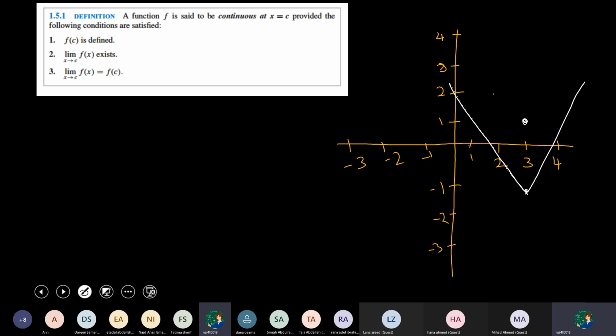The first step, I have to find f of 3. What is the value of f of 3? 1. Thank you. Is it defined? Yes. So since it's defined, the first condition is satisfied. Let's go now to the second one.